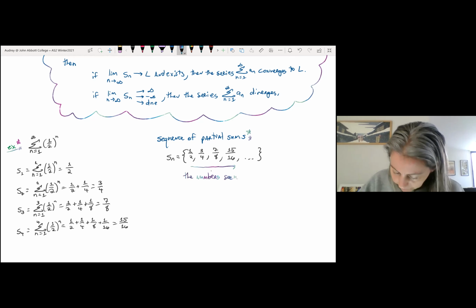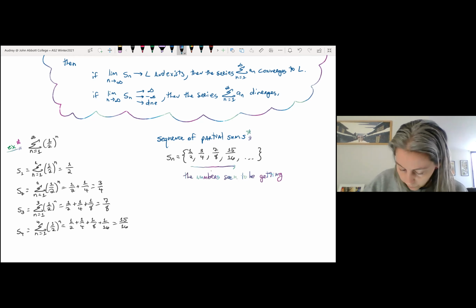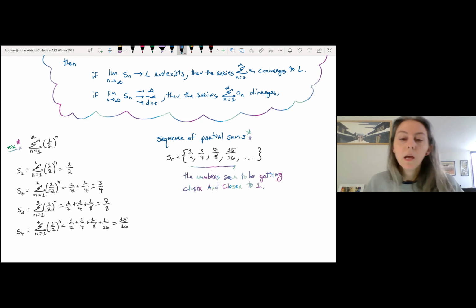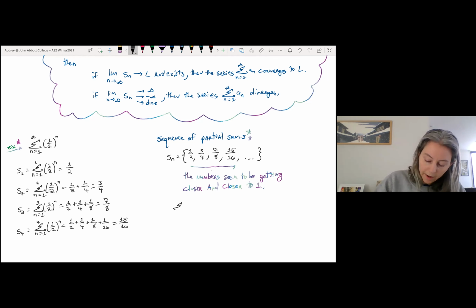This is really not a rigorous way to do this at all, and we're definitely not going to do it this way in the future. This is really just to understand the partial sums. From this, we're going to conclude that this does indeed converge to 1.